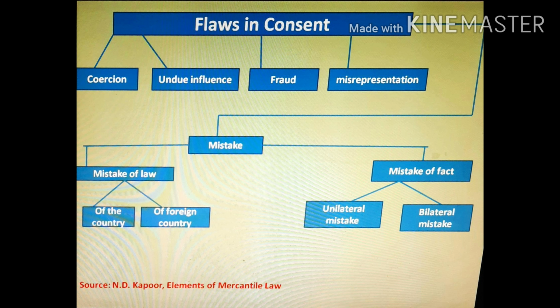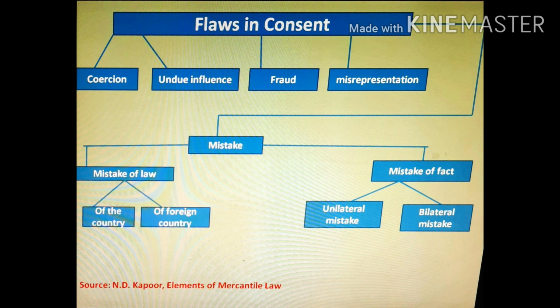By all means, we can understand that if there are any flaws, that means if consent is given under flaws like coercion, undue influence, fraud, misrepresentation, or mistake, section 19 clearly says that such consent is not a free consent and the contract formed with such consent can be set aside. Clear? So these are the flaws of consent, that means the defects of consent.